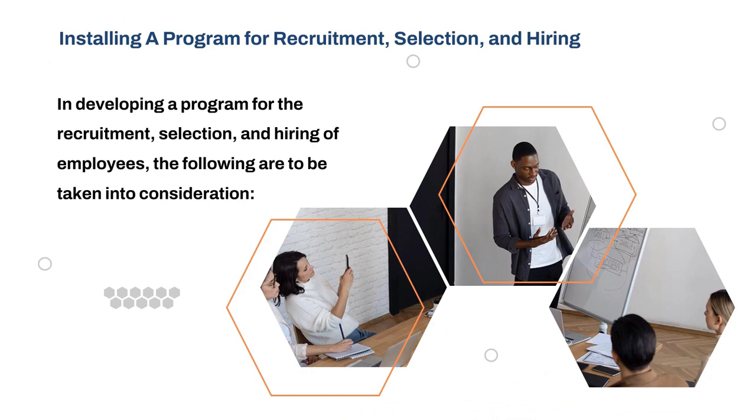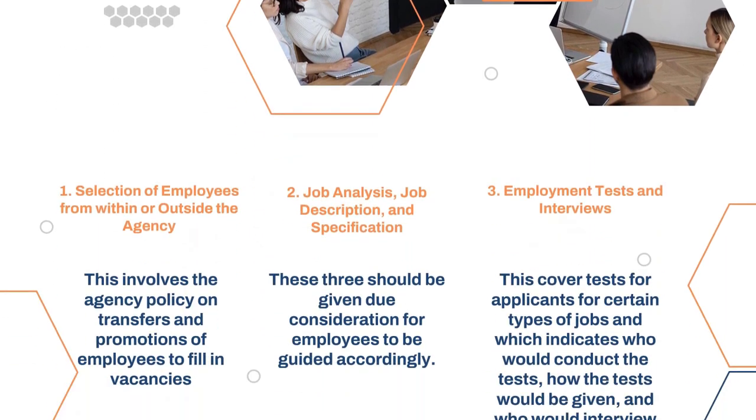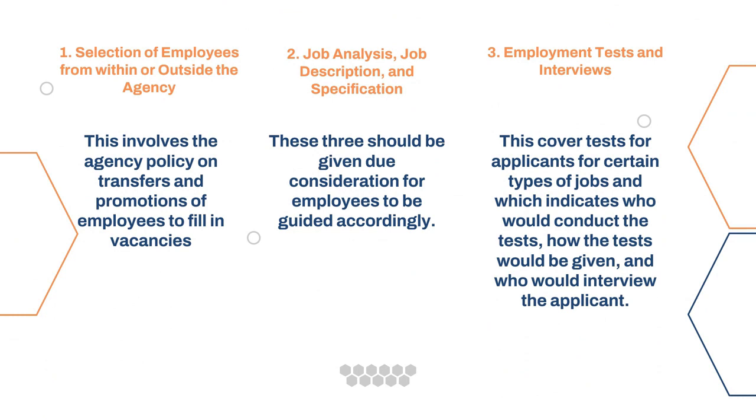So, installing a program for recruitment, selection, and hiring. In developing a program for the recruitment, selection, and hiring of employees, the following are to be taken into consideration. Number 1, selection of employees from within or outside the agency. This involves the agency policy on transfers and promotions of employees to fill in vacancies.